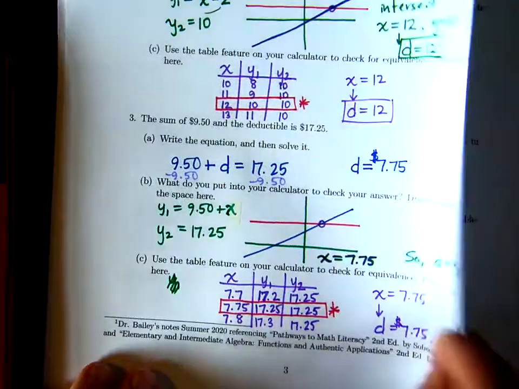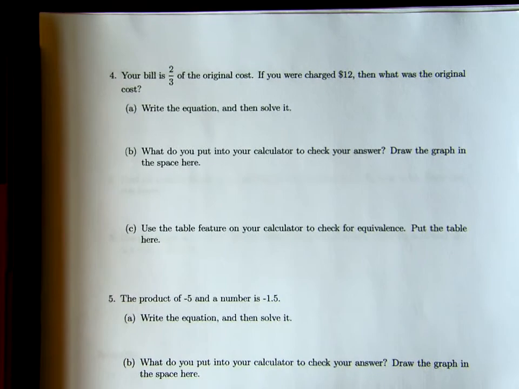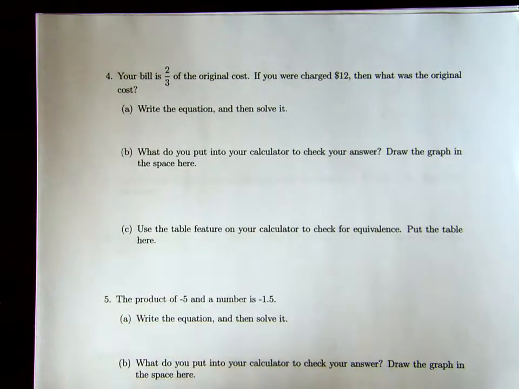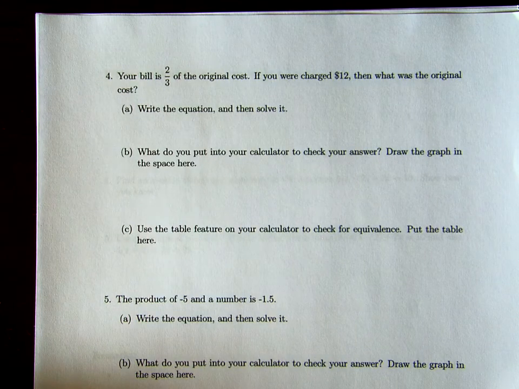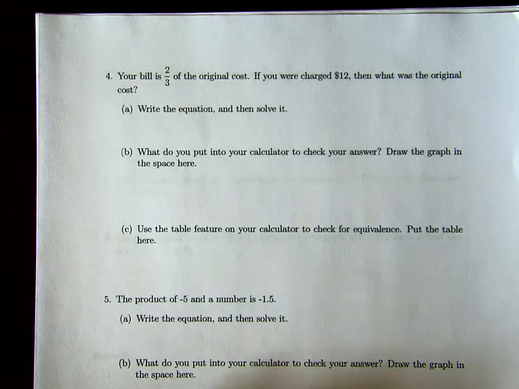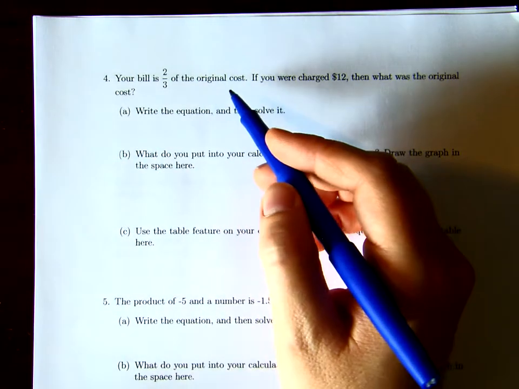Let's do it again. Your bill is 2/3 of the original cost. You were charged $12. What was the original cost? Write the equation. We don't know the original cost.